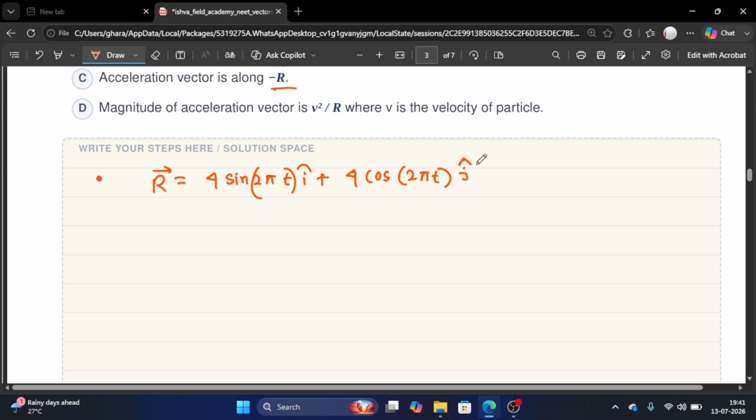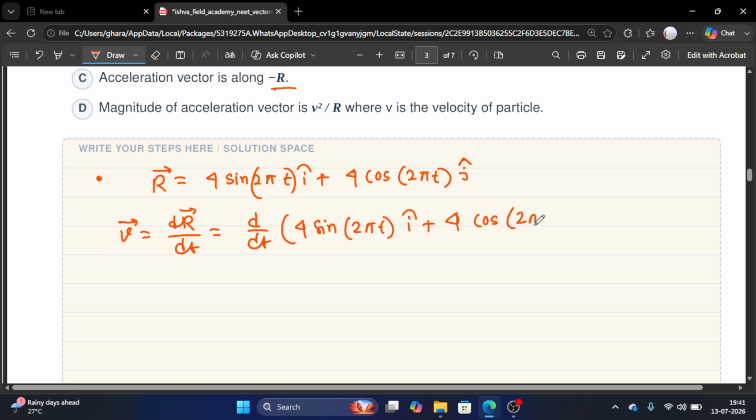Now differentiate this one and you get the velocity. So dr/dt, the derivative of 4 sine 2 pi t i cap plus 4 cos 2 pi t j cap. So this is the velocity I put here.